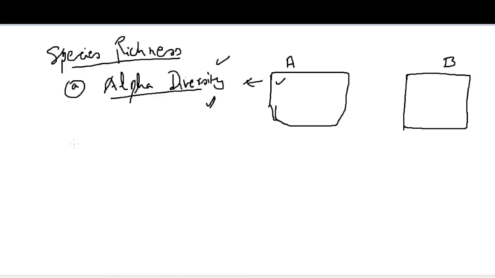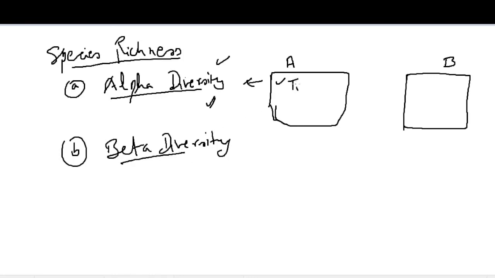Okay, moving on, beta diversity. Now what is this beta diversity? Suppose tiger is present in this ecosystem A at a level of 3 in number. Now there is another ecosystem B, where tigers are 5 in number.